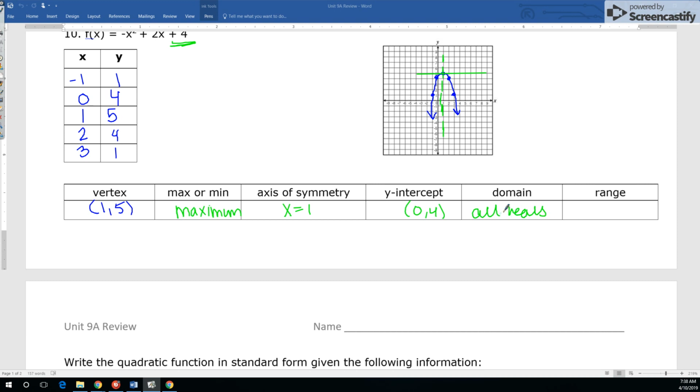I can write -infinity to +infinity, whatever. And my range goes down forever. And the highest that it goes is 5. Or I could write y is less than or equal to 5 is another thing I could write.